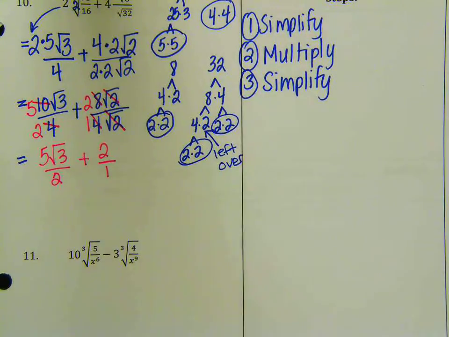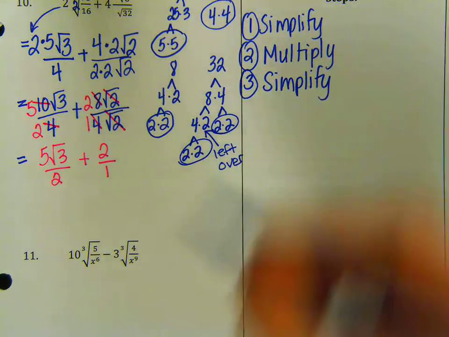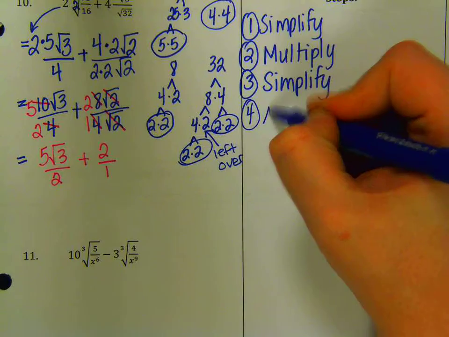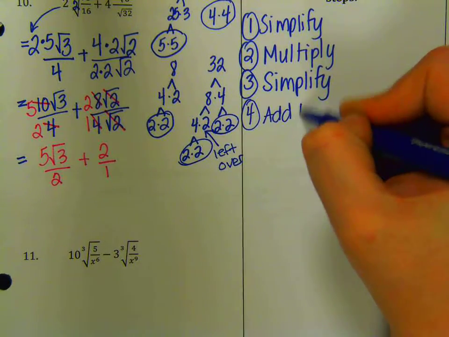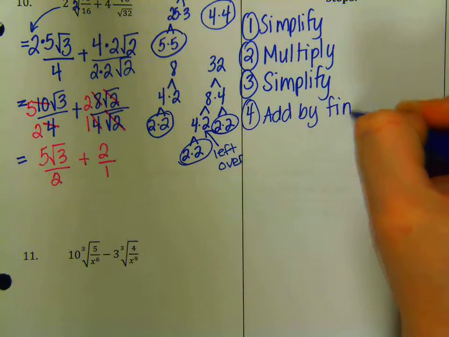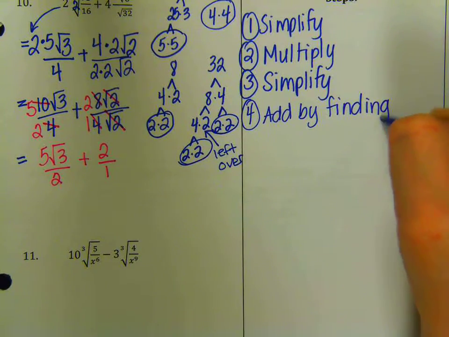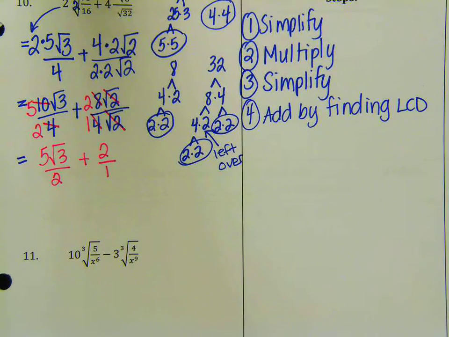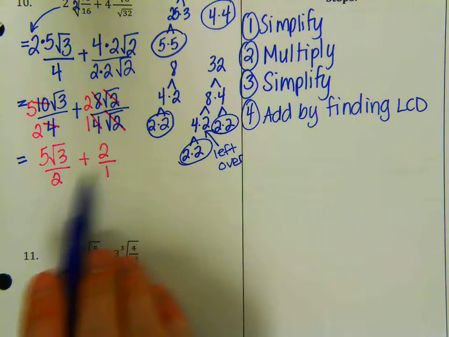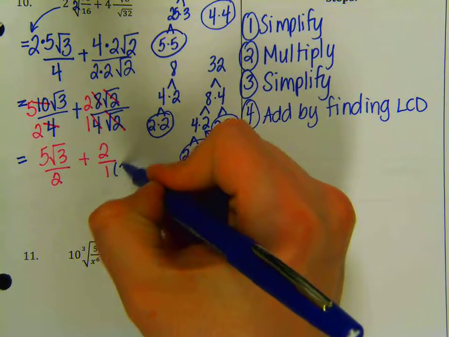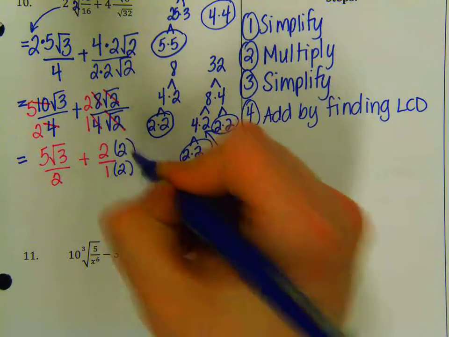Now, you could leave it like that. I wouldn't suggest it in order to add them together. So we have 2 fractions here. So add by finding LCD. So my least common denominator will be 2 because I have 2 and 1. So that just means I need to multiply this back by 2 again.